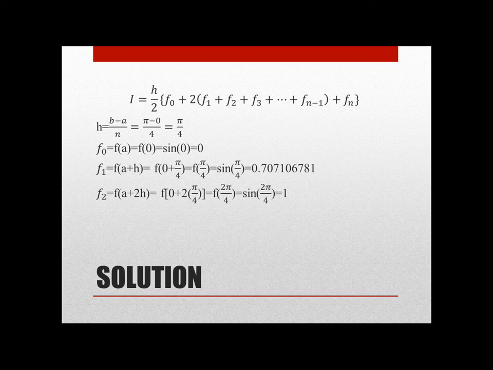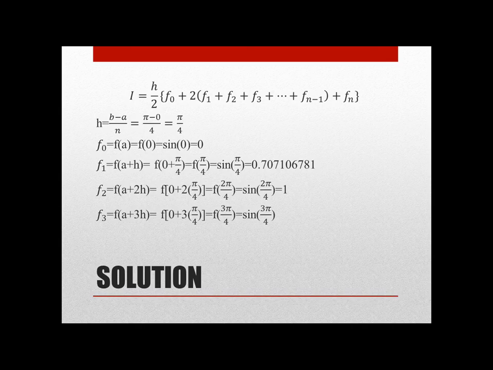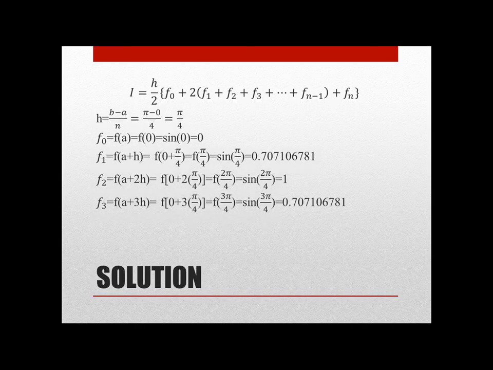Okay? Now, how about for f sub 3? The same. We will add 3h to our a. So the function will be at 3 pi over 4, and that would be sine 3 pi over 4, and the value is that. Okay, so you can check that with your calculator.